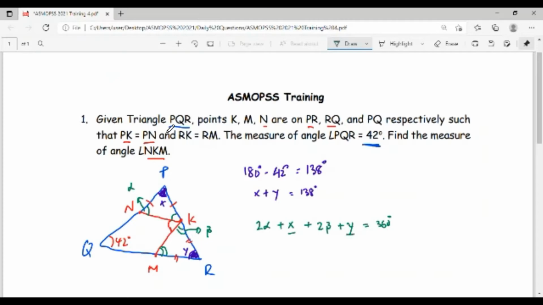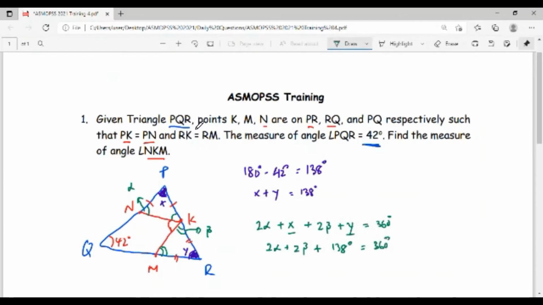Well, X plus Y together, so I can rewrite it as 2 alpha plus 2 beta plus X plus Y. I know that X plus Y here is equal to 138 degrees. So that is 360 degrees.